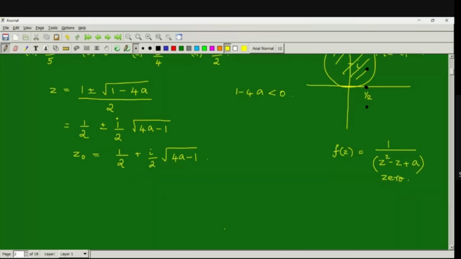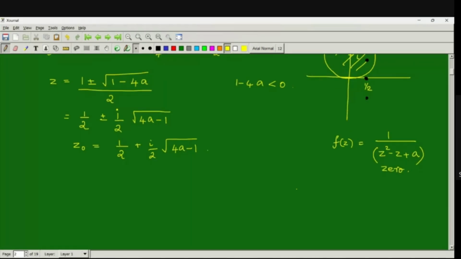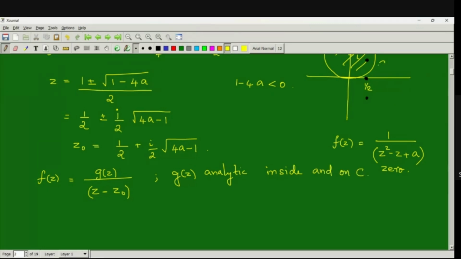Now we modify our f(z) slightly. See, f(z) is g(z) by z minus z0, where g(z) is analytic inside and on C. C is the circle.